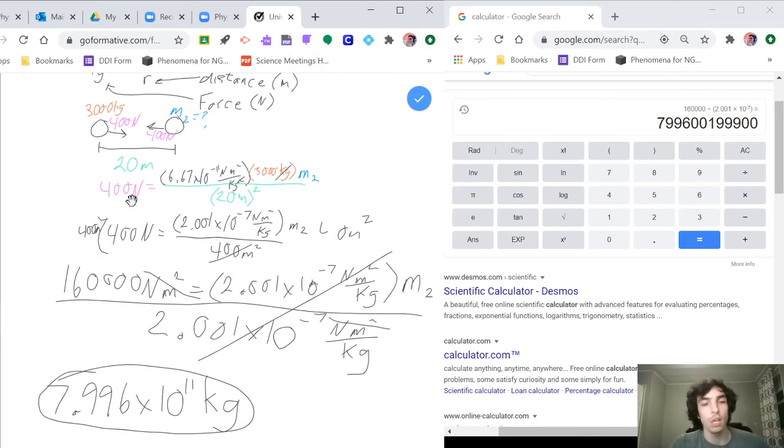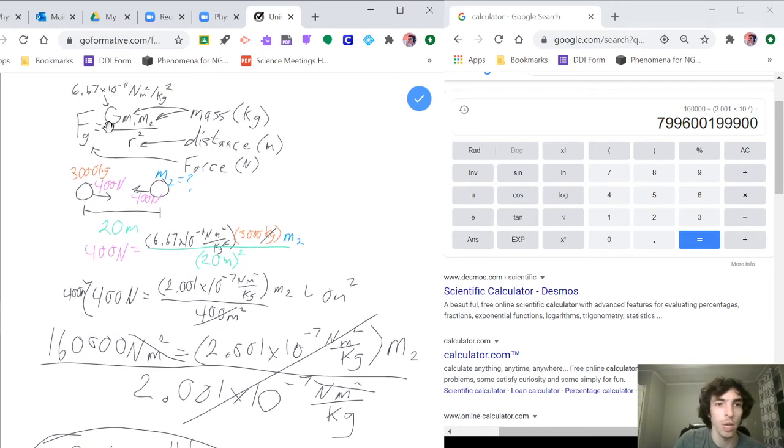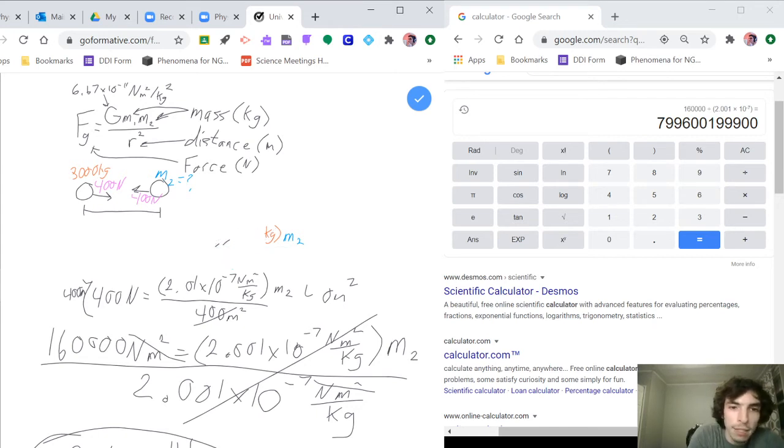Right. So that is the second kind of problem that we can solve in this large equation for a gravitational force. Let's look at the third and final kind of problem. We've solved for a gravitational force. We've solved for an unknown mass.